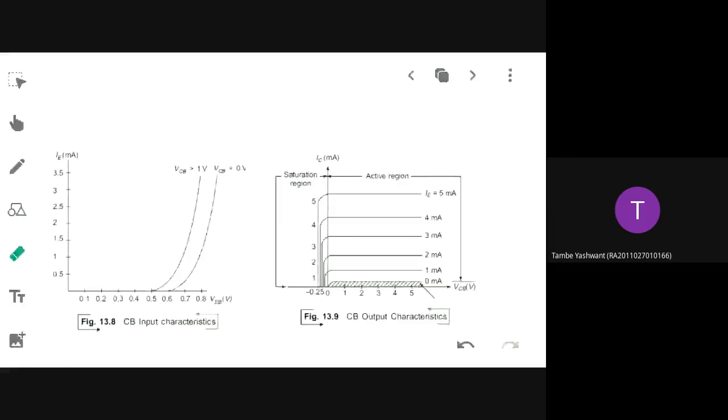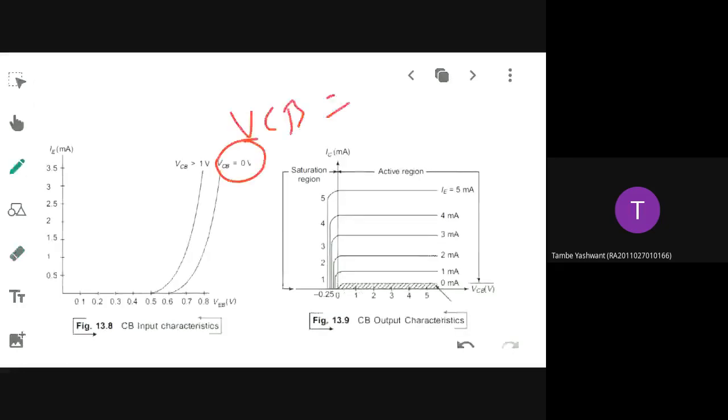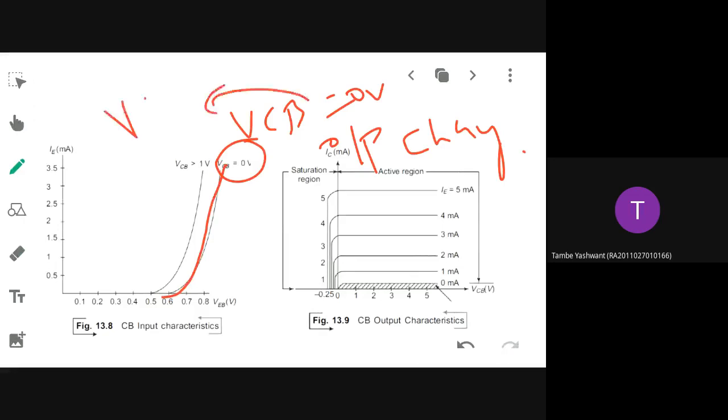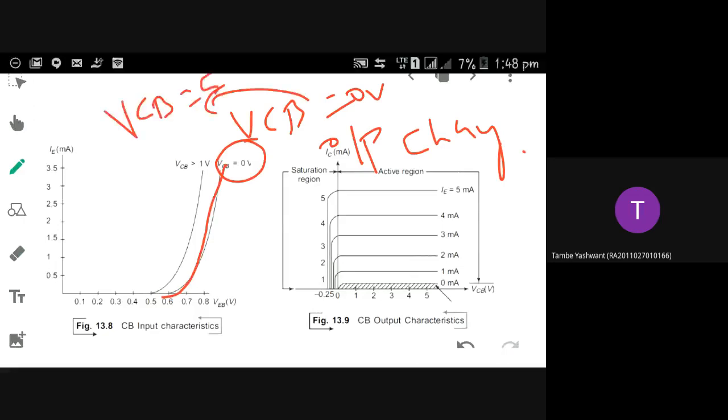The first case you kept VCB as 0 volt, and you got characteristics like that. Now you have changed VCB to 5 volt.